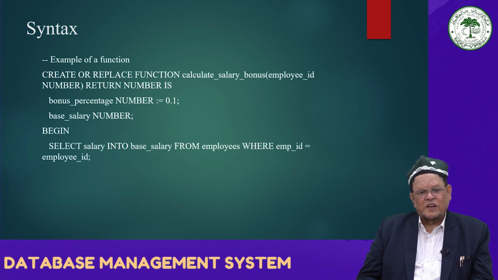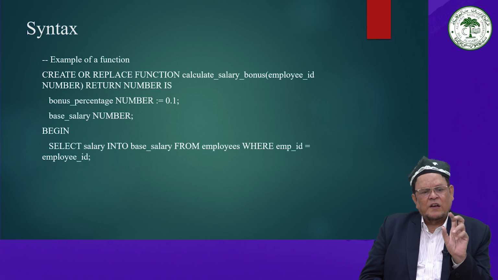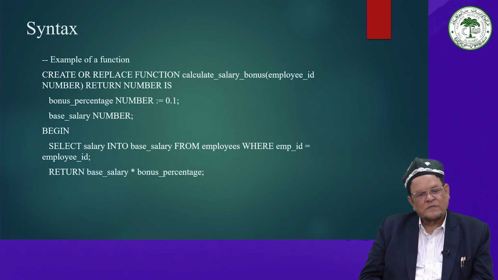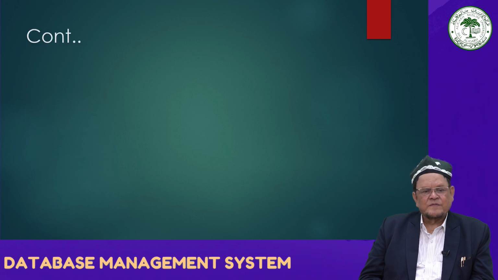Then select salary into base salary from employee where employee ID is equal to employee ID. Return base salary multiplied by bonus percentage. By that we are able to get the bonus, end calculate salary bonus.